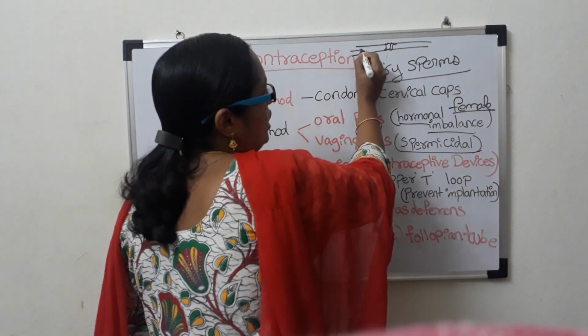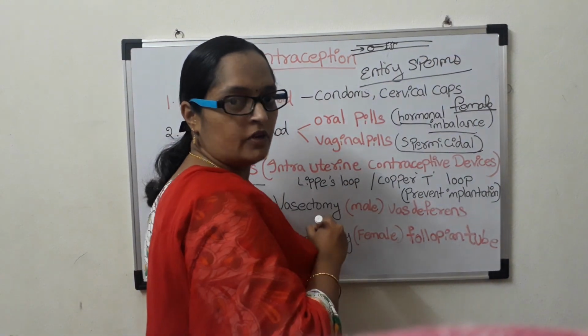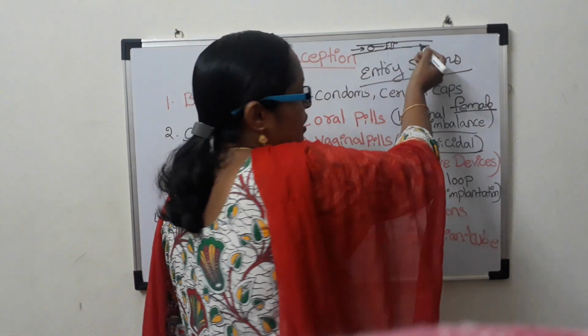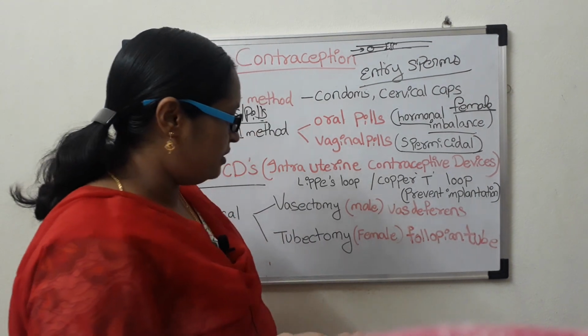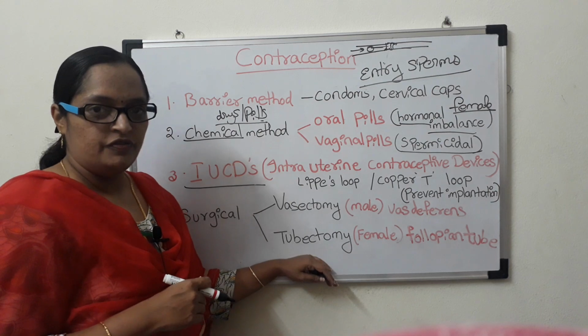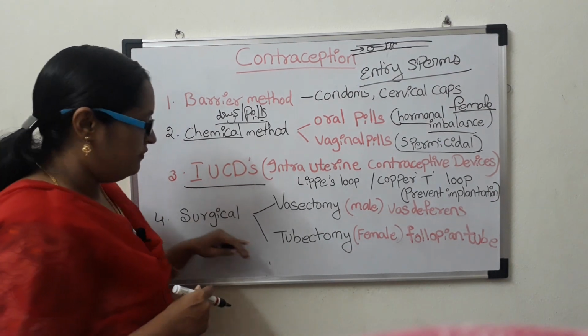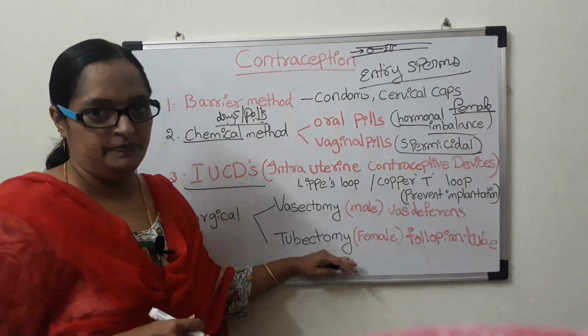Now it does not allow passage of the ovum to the other side. So no fertilization takes place, and the pregnancy is avoided. This surgery done in the female is called tubectomy.